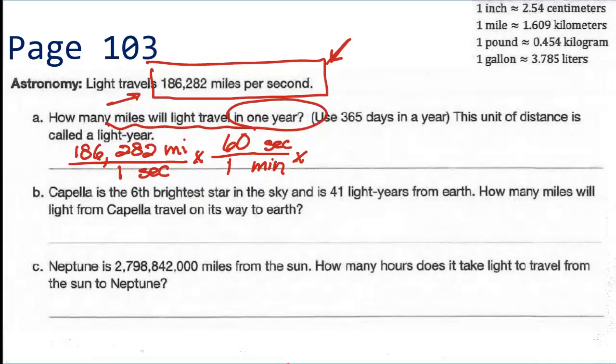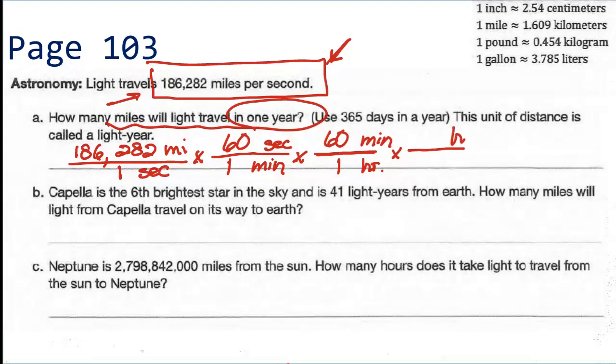Then we multiply with another conversion. I have minutes on the bottom, so for my conversion, I put minutes on top. And I know 60 minutes are equivalent to 1 hour. That's the next largest amount of time. Remember, we're going to a year.